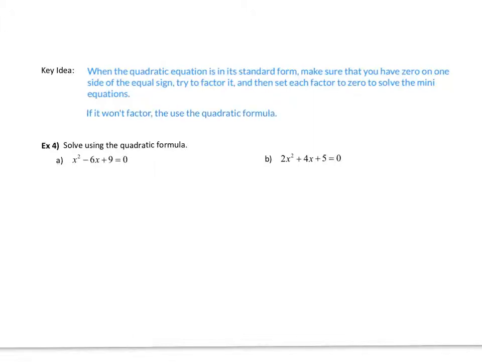Okay, so if it won't factor, we want to use the quadratic formula, and that's the one that we have ingrained in your brain with that song, and I will try and put a link to the song to our classroom.